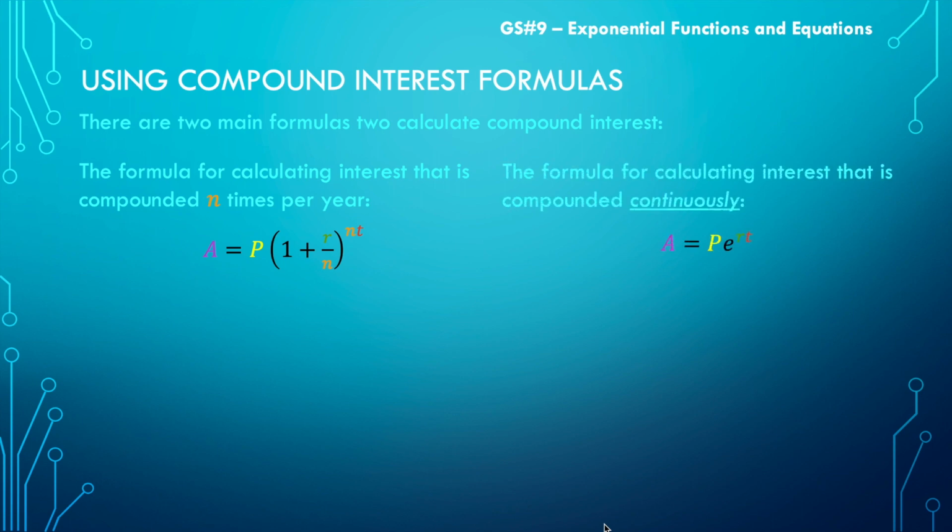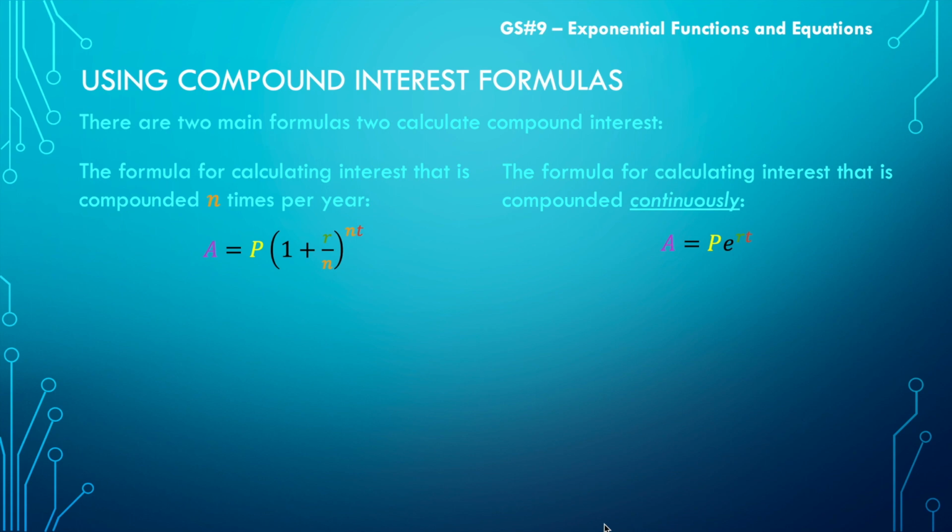The other formula we're going to talk about is for calculating interest that's compounded continuously. This formula is A equals P times the value e raised to the product of r times t.